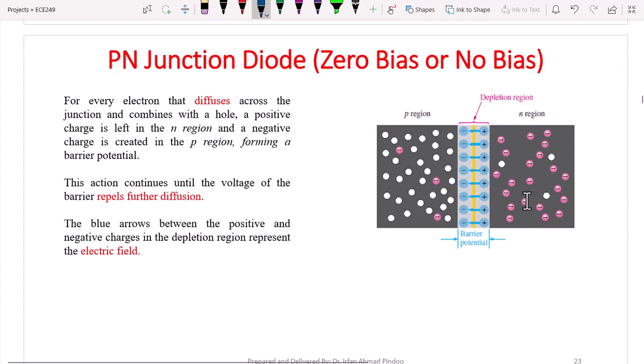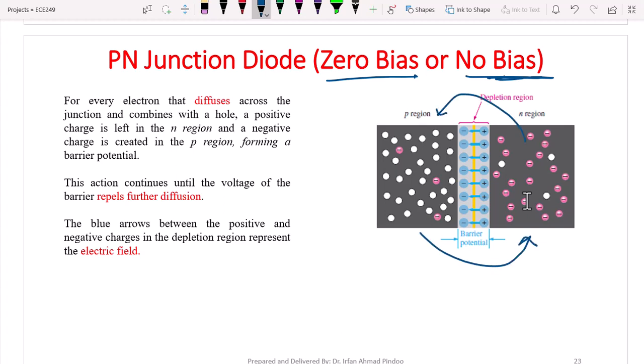This is what we also refer to as zero bias or no bias. In a diode, there are actually three types of biasing. One is called zero biasing, then forward biasing, then reverse biasing. So in this diagram, because of the zero bias, the electrons were moving here, the holes were moving here. This is the diffusion process, but it will not happen indefinitely, it will stop after a certain time.